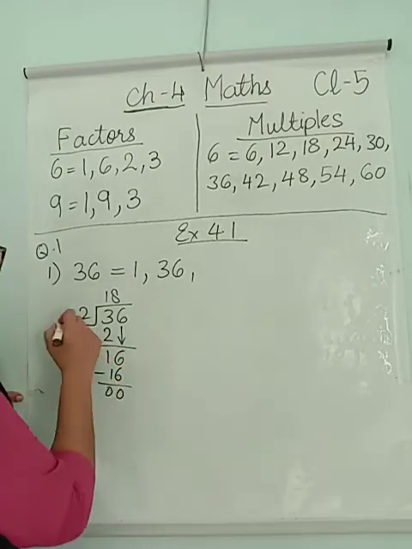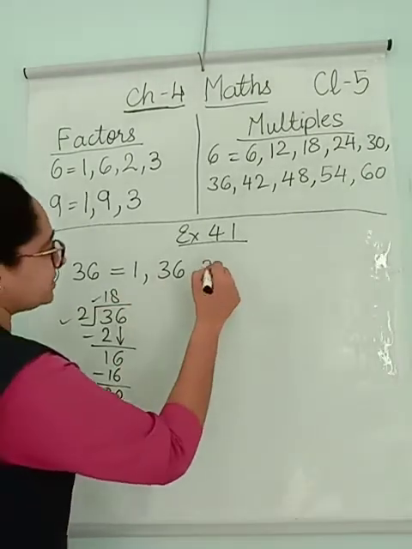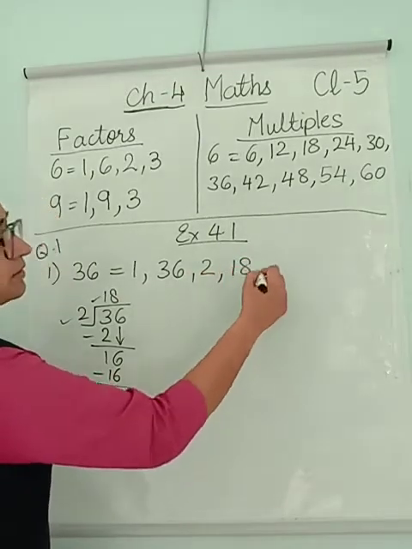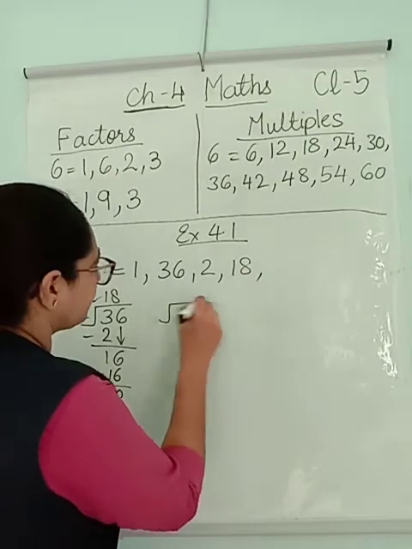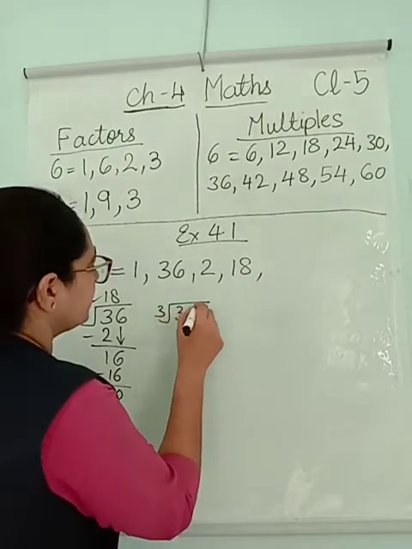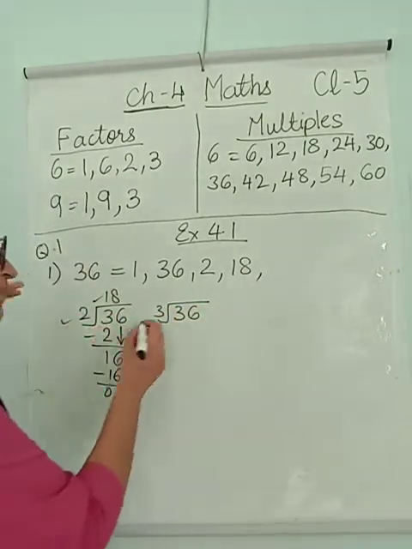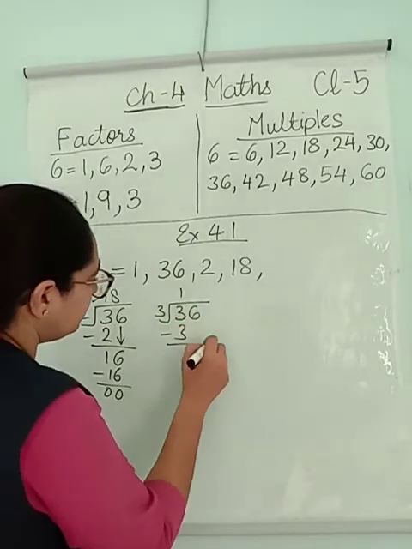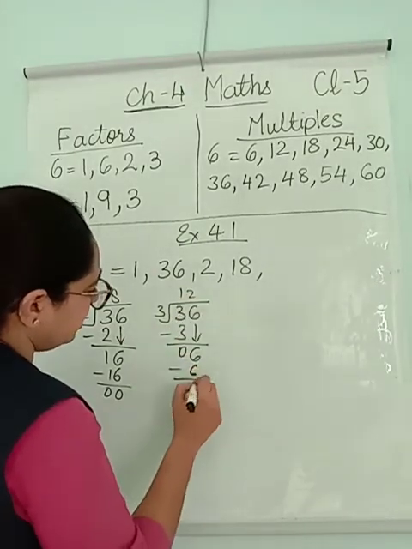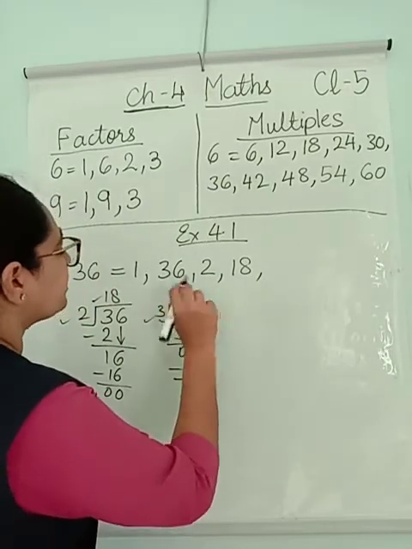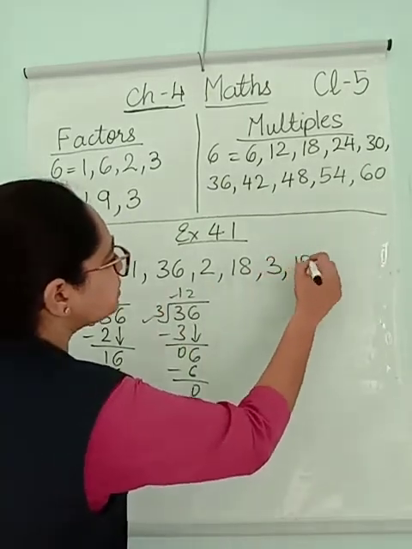Remainder 0 means this and this both are factors, 2 and 18. Okay? Now we will divide by 3. 3 1s are 3, 3 2s are 6. Again remainder 0, so this is a factor, 3 and 12.